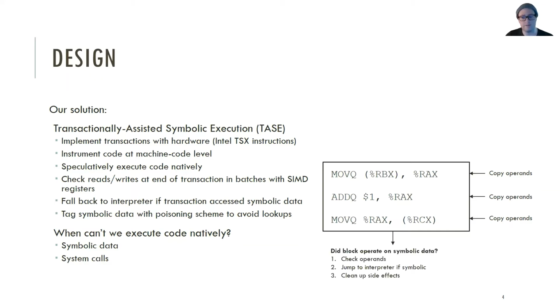Later, at the end of a basic block, we can en masse check the operands and determine if any of them were actually symbolic. And if so, we roll back the transaction and re-execute the basic block in an interpreter capable of handling the symbolic data. I'll talk more about how we specifically detect symbolic data and roll back transactions later on.